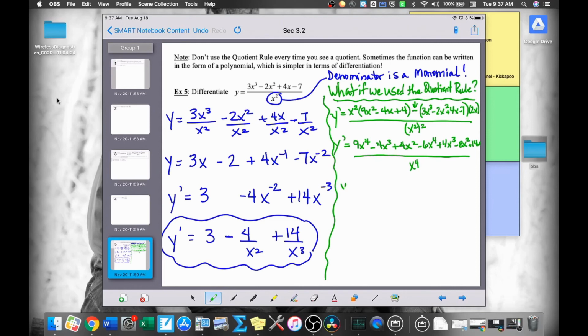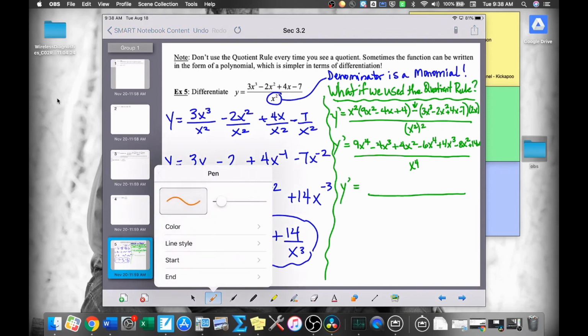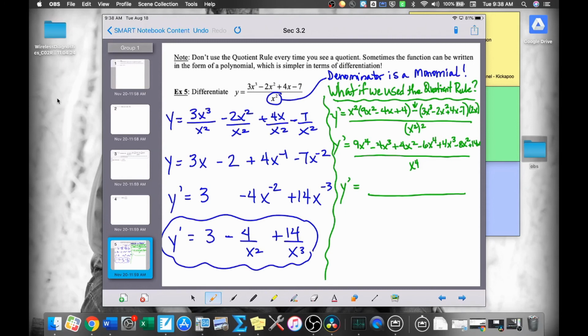Okay, now in the next step, we should try to combine any like terms that we have in our numerator. So I'm just going to go term by term. I have 9x to the fourth minus 6x to the fourth. So that is going to give me 3x to the fourth.